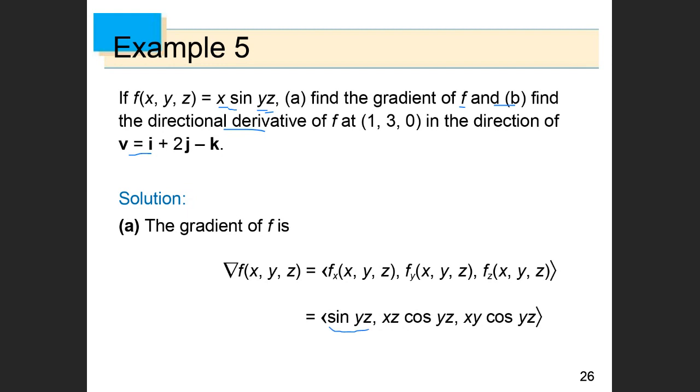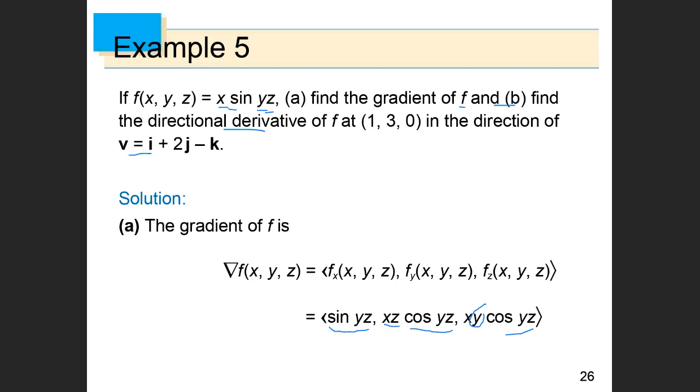With respect to y, the z goes outside, and you have xz cos(yz), because the derivative of sine is cosine. With respect to z, the y goes outside, and you get xy cos(yz). So this is the gradient vector.